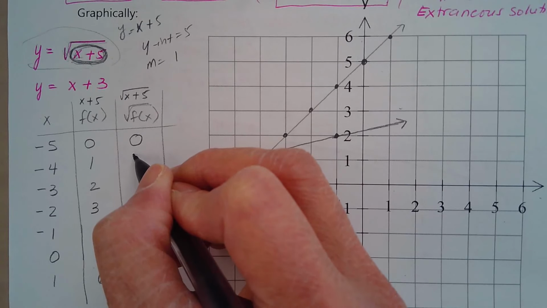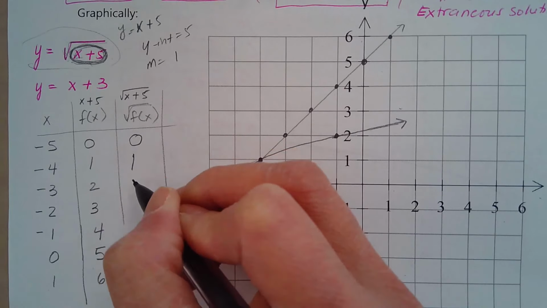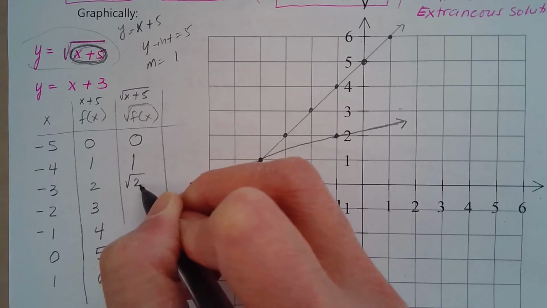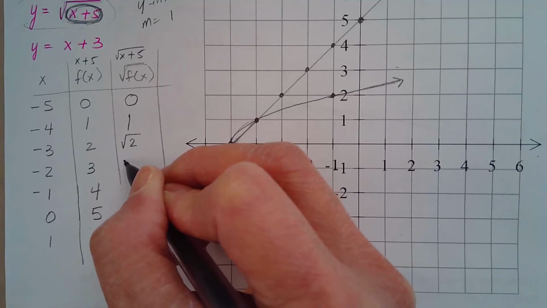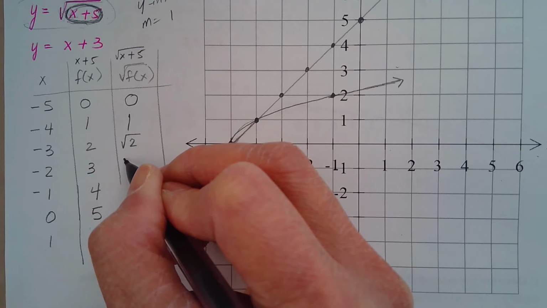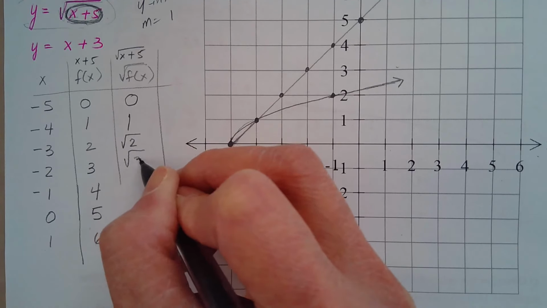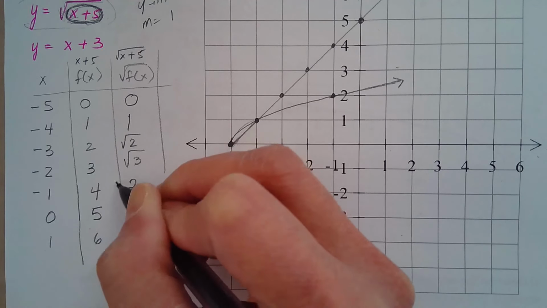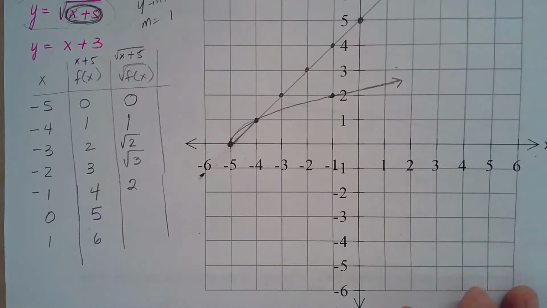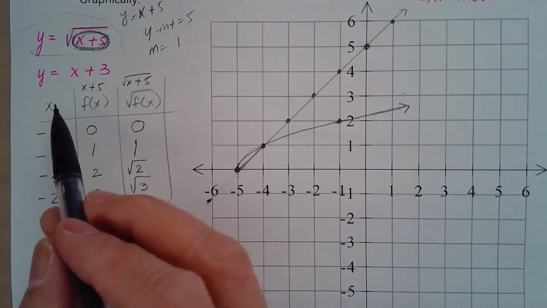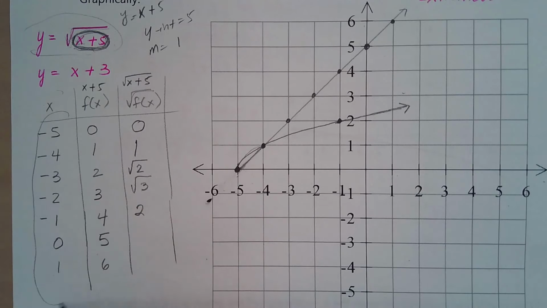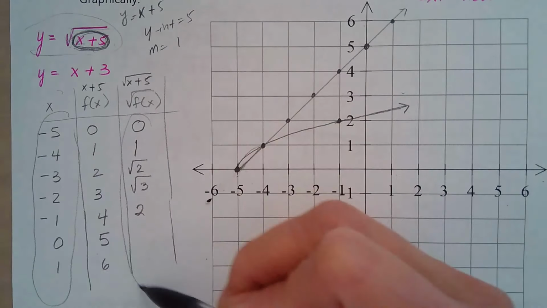What's this one? 1. This one is? Root of 2. This one? Root of 3. This one? 2. Okay. So the one that you're graphing or plotting would be this and this.